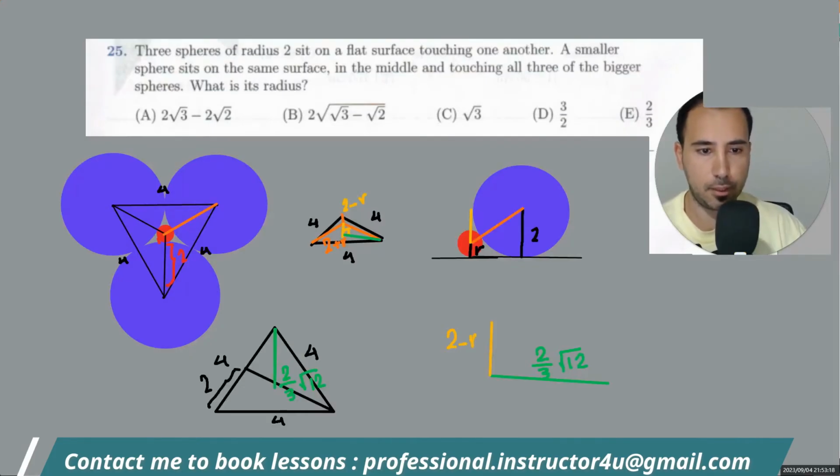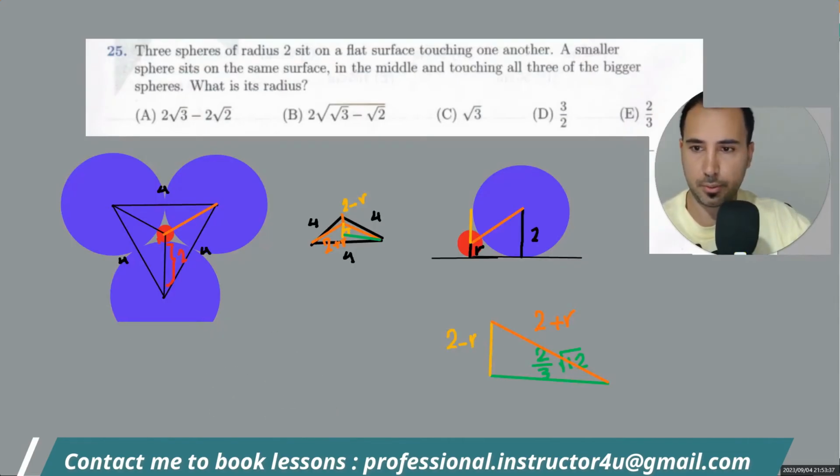And there would be the hypotenuse of 2 plus r. Okay, so we just have to write an equation. We're going to use the Pythagorean theorem, and when we do so, we're going to find the value for r.